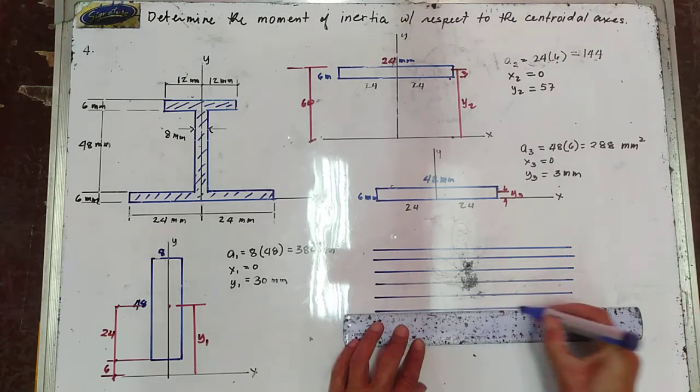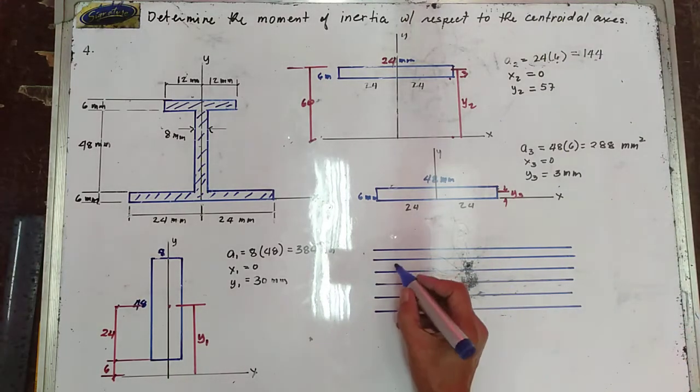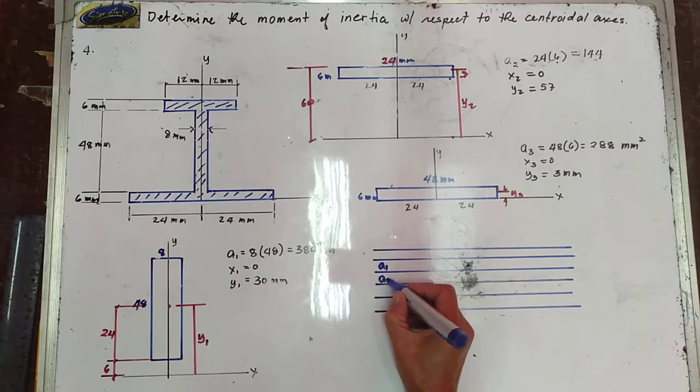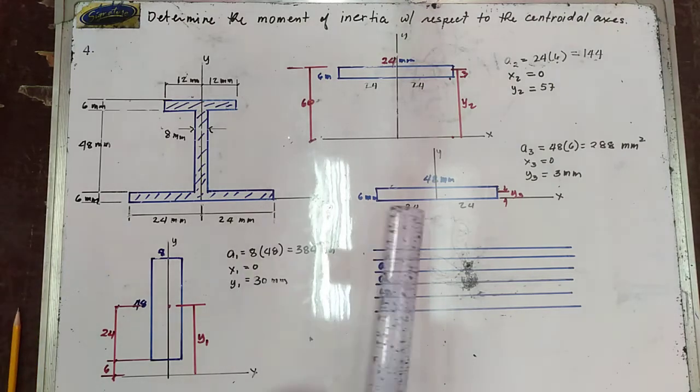And then we have now the summation. So we have your area 1, area 2, and area 3, and we now have the summation.